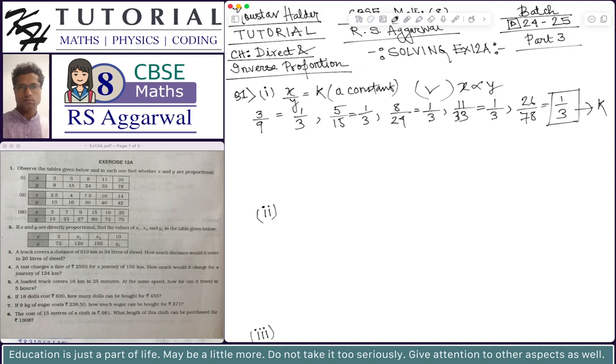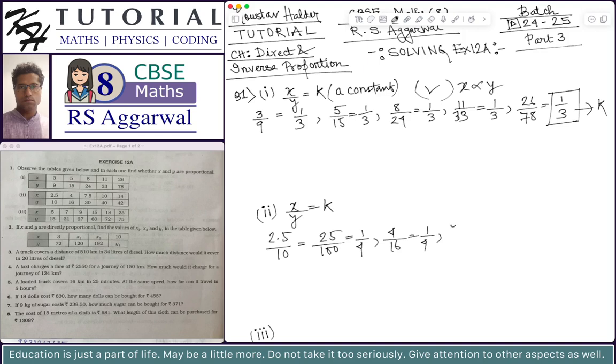Okay, let's see table number 2. Similarly, we must have x by y be a constant. Let's see what is 2.5 for the first corresponding value. The ratio is 2.5 divided by 10, which is equal to 25 divided by 100, which is equal to 1 by 4. Okay, let's see the ratio for the second corresponding values. 4 by 16 is also equal to 1 by 4.